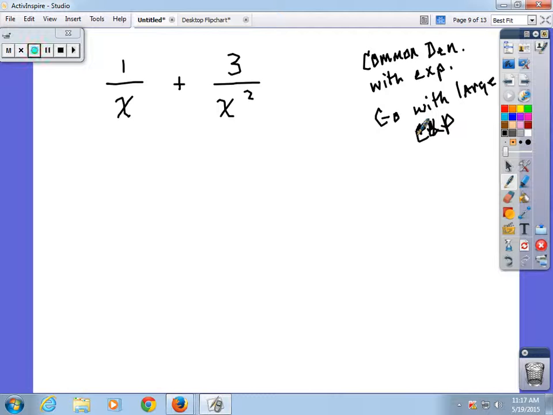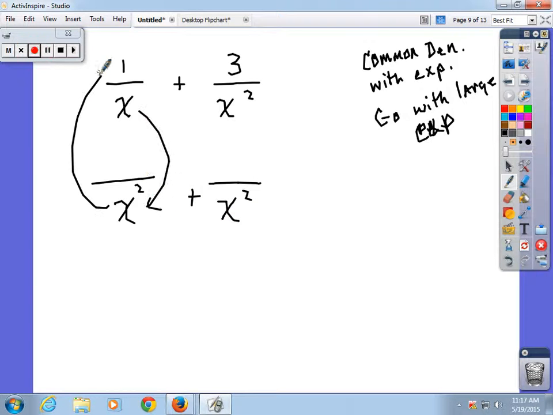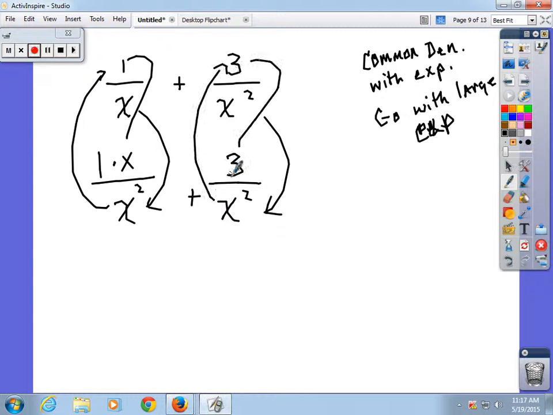So the common denominator is what? X squared. X will go into x squared x times. X times 1 is 1 times x. X squared will go into x squared 1 time. 1 times 3 is 3.